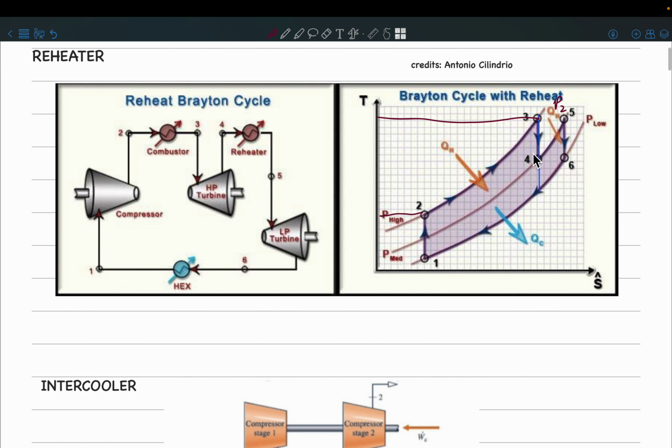To increase the temperature from T4 to T5, from high temperature to very high temperature, you will need more energy. Do you agree with me? So if you need more energy, you need to add more fuel. Even though the net work has increased, the amount of heat that you need to add would have also increased dramatically. And increasing the temperature at lower pressures is more difficult.